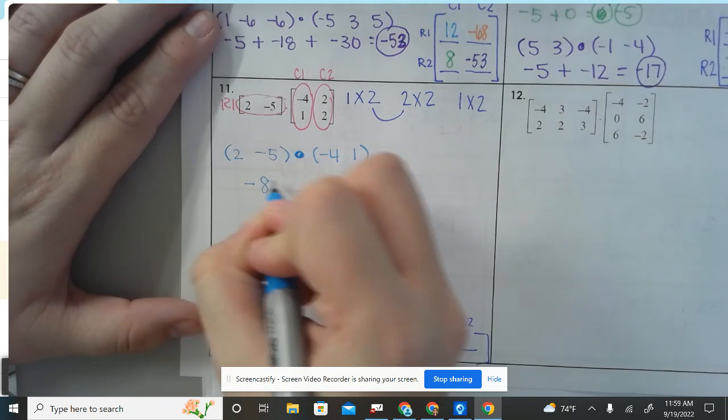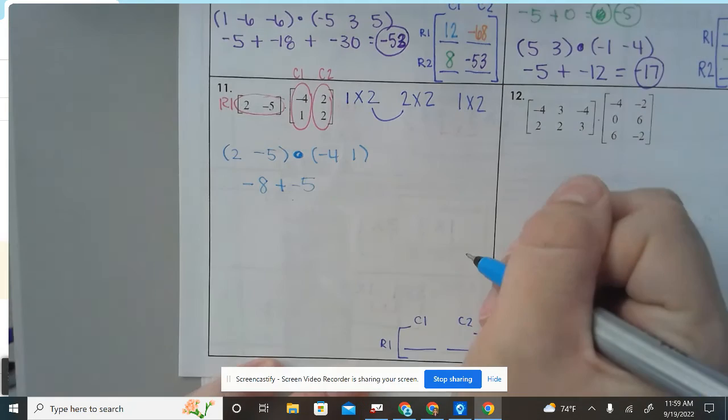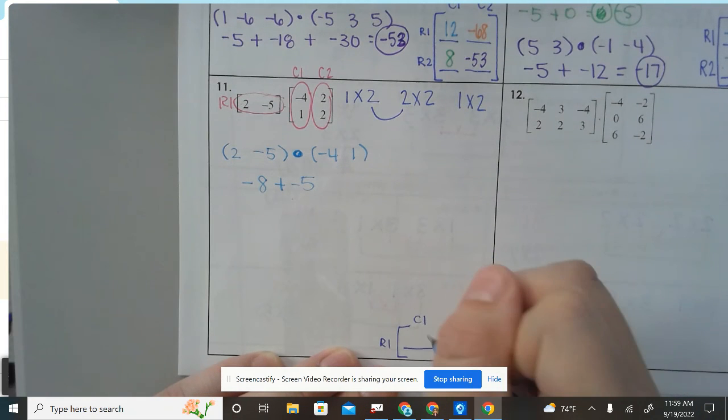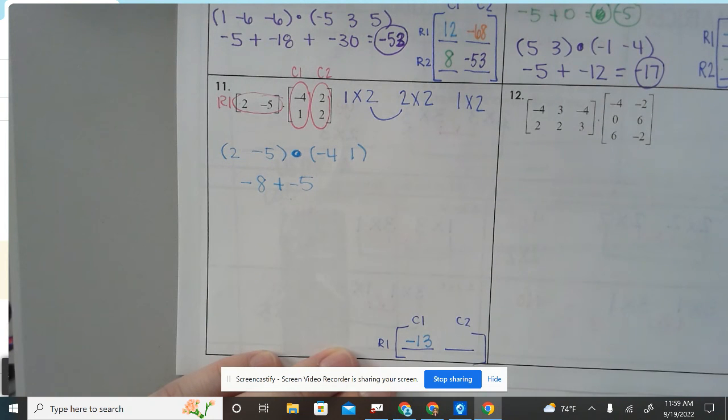And we get -8 plus -5, which is what? -13. It is good.